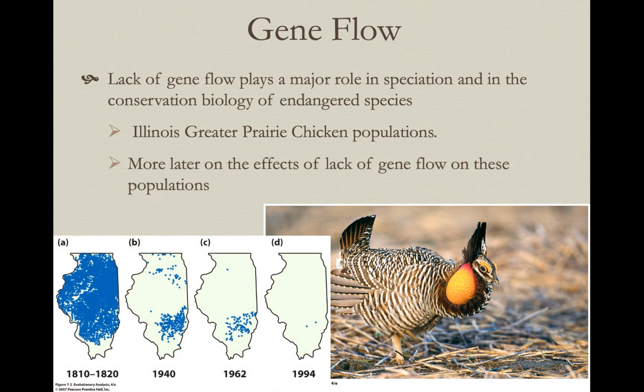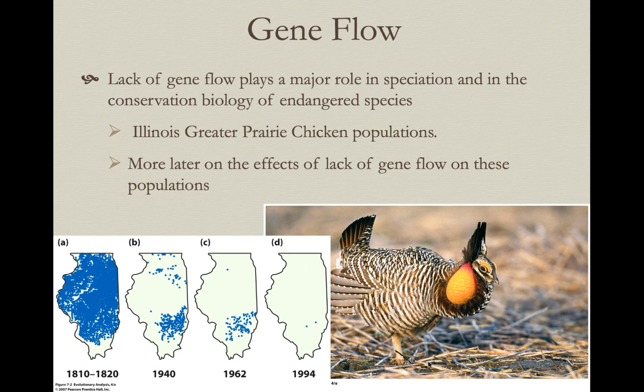If you look historically, the populations of this species have drastically decreased in the Midwest and the Great Plains. So if you look in the early 1800s, most of the state had populations of prairie chickens, and then there was a severe reduction in the populations due to agricultural modification of lands and separation of species.